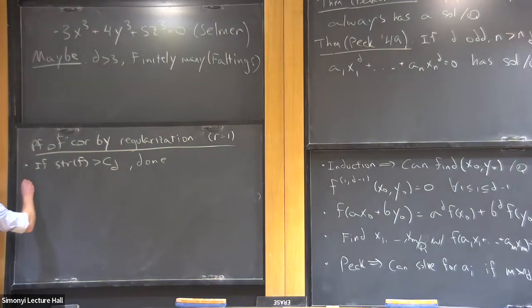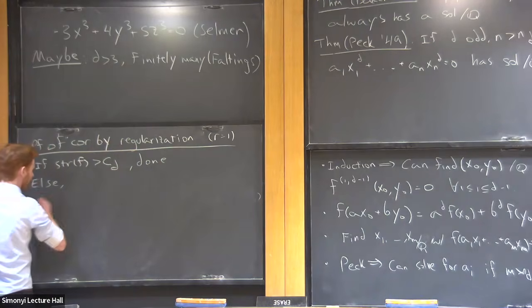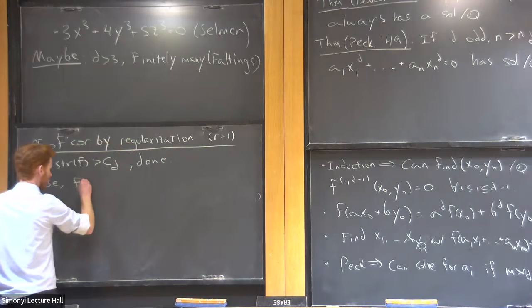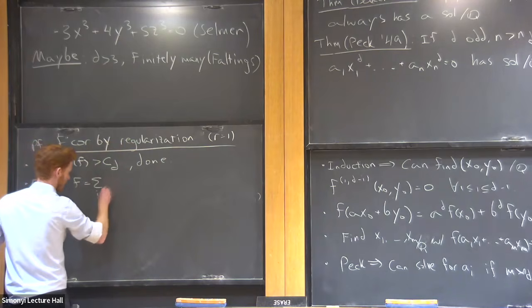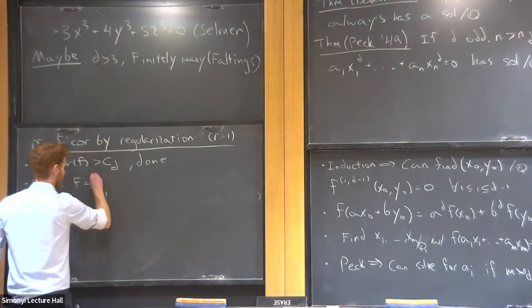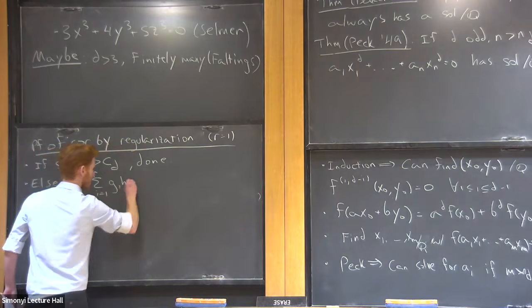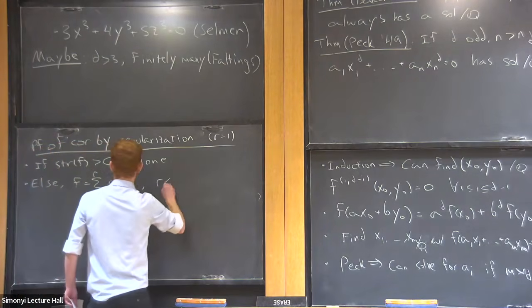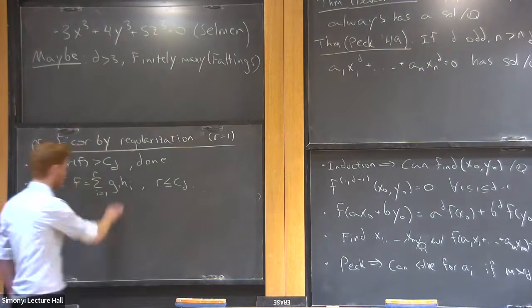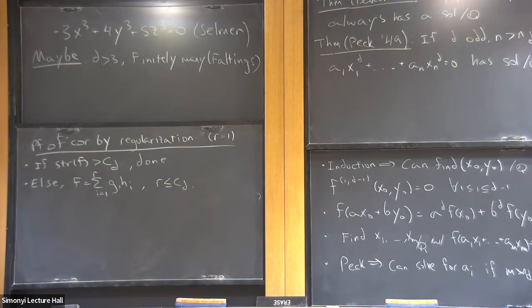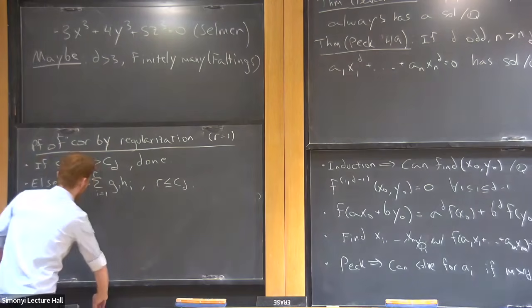And otherwise, by definition, your form decomposes as the sum of a few products. You can write it as g_i times h_i, not too many of those terms. And because this had odd degree, one of those is going to have odd degree. So let's label them such that the g_i have odd degree.